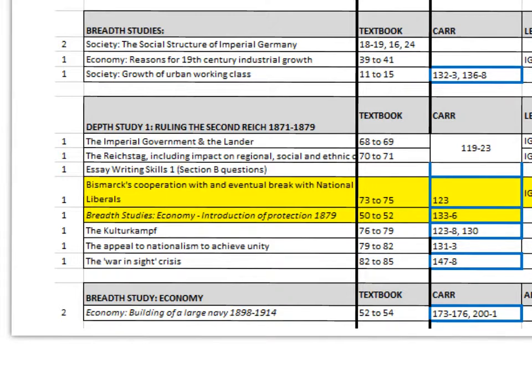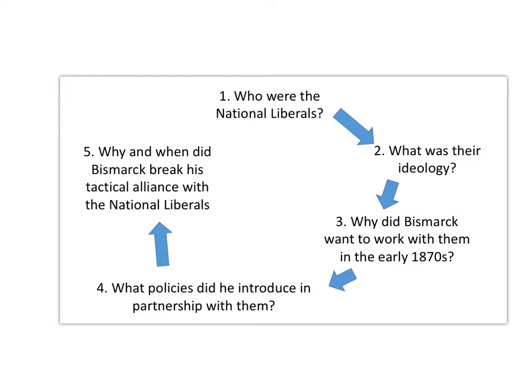So you'll need to effectively file your notes in 2 different places for this, or at least be mindful of the fact that when we start talking about protectionism, that is relevant to section C, the breadth study economy paper. That little diagram just frames for you the sequencing and linkage of the ideas for this particular lesson.